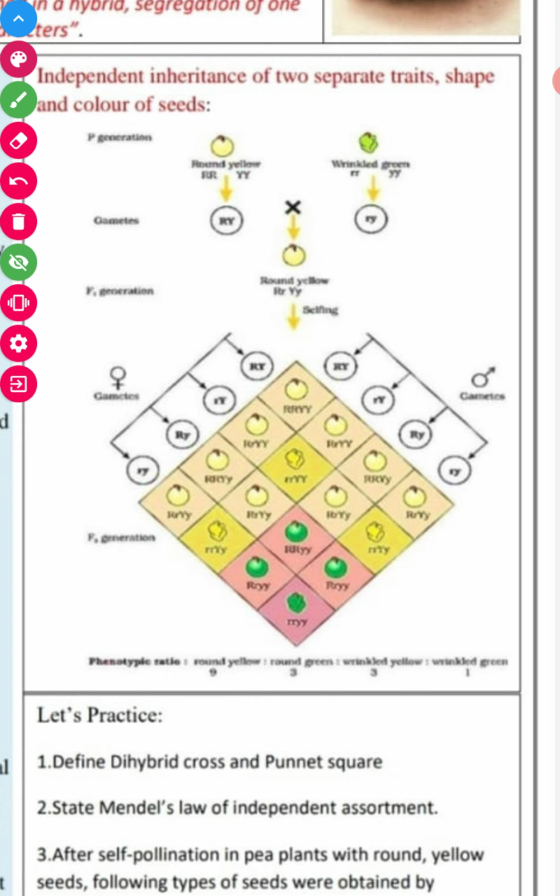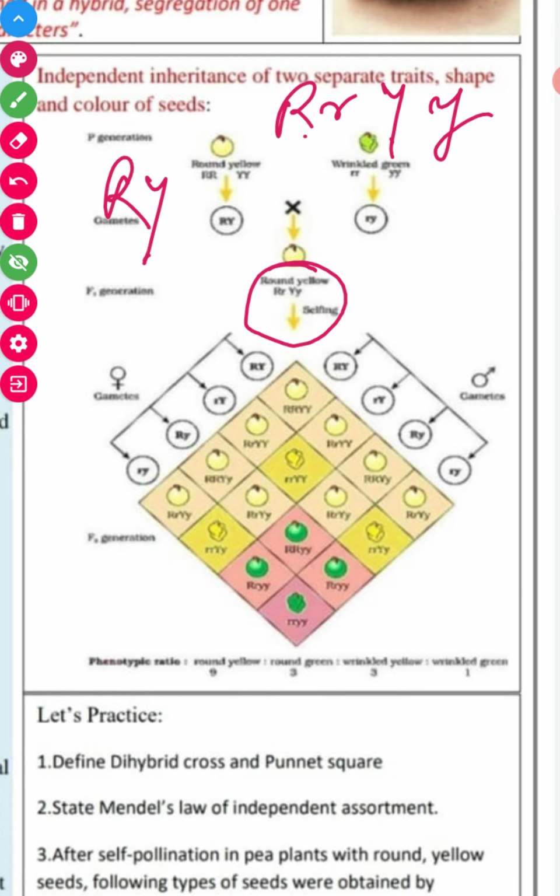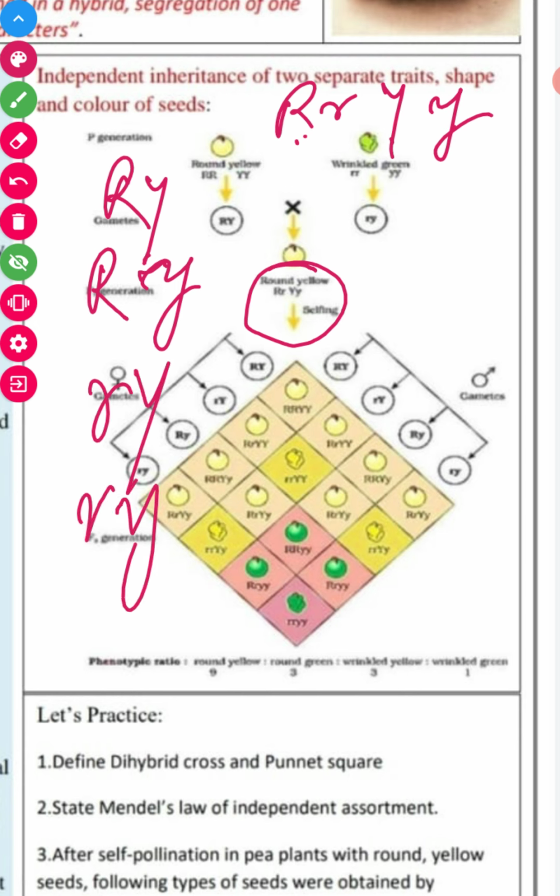If we again make their gametes, the possible outcomes from this RrYy are capital R capital Y, capital R small y, small r capital Y, and small r small y.